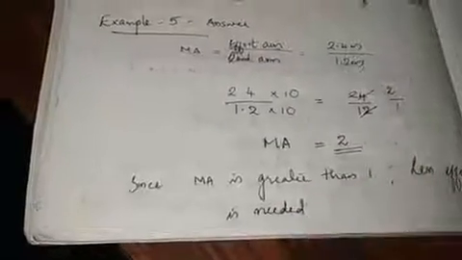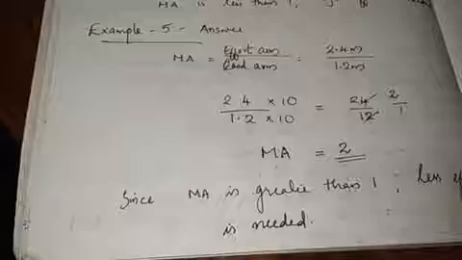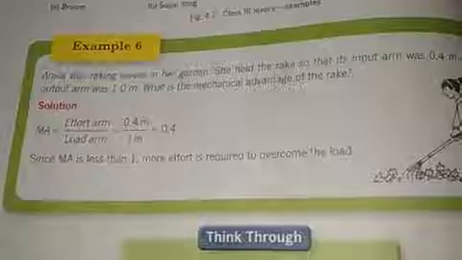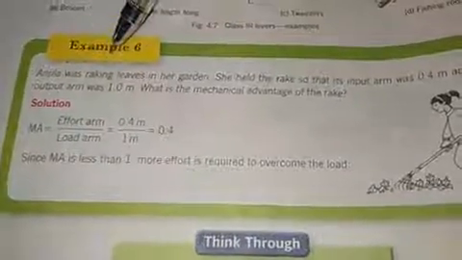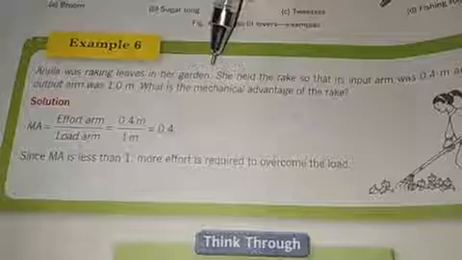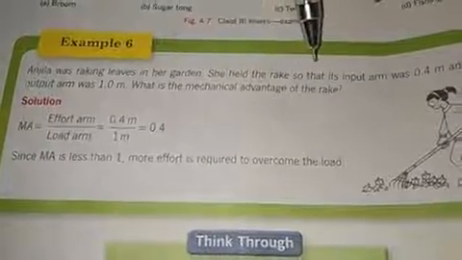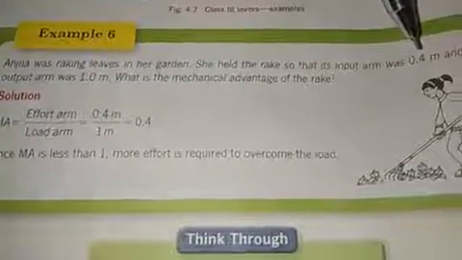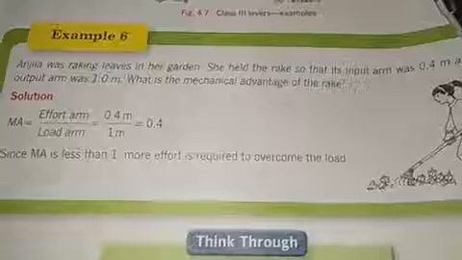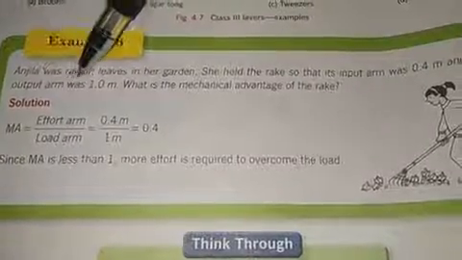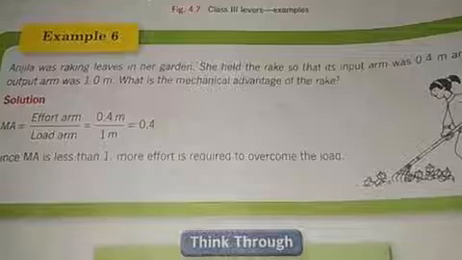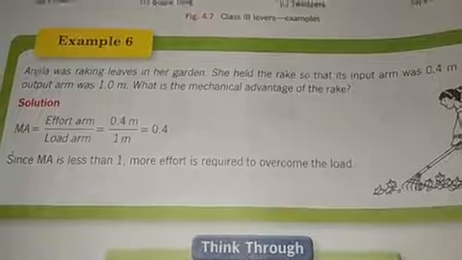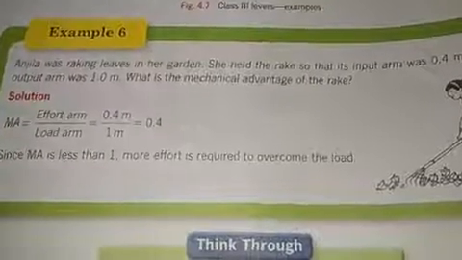We will do one more problem in this video. Next question. Example 6 from page number 50. Angela was raking leaves in her garden. She held the rake so that its input arm was 0.4 meter and its output arm was 1.0 meter. What is input arm and output arm? Output arm means load arm.